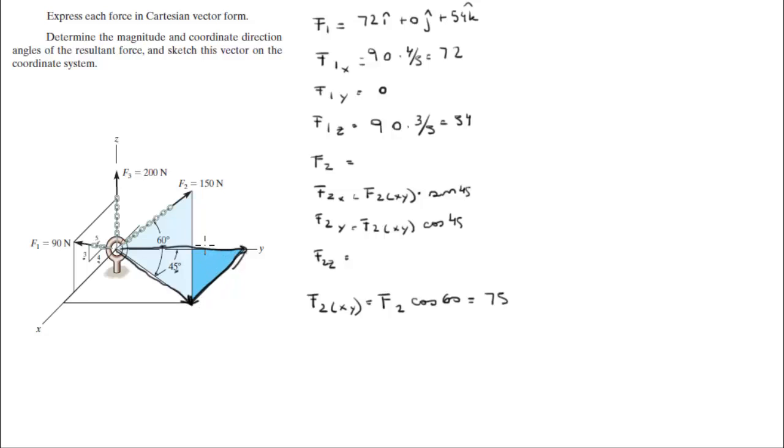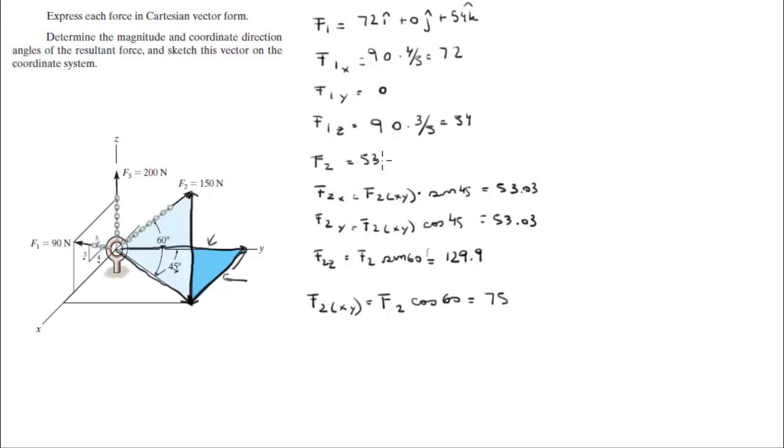So this is clearly the cosine of 45 times the projection, and this is clearly the sine of 45 times the projection, which sine of 45 and cosine of 45 are the exact same thing, so they're both 53.03. And F2 z is simply F2 sine of 60, because it's this vector right here, which comes out to be 129.9.